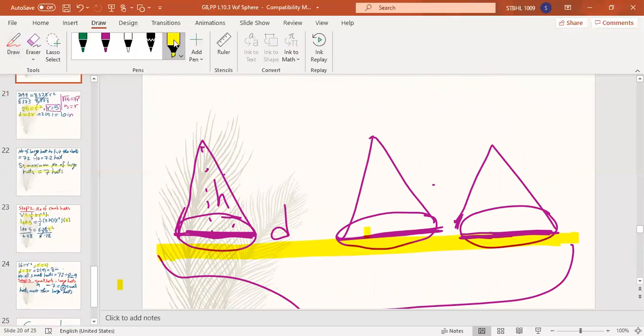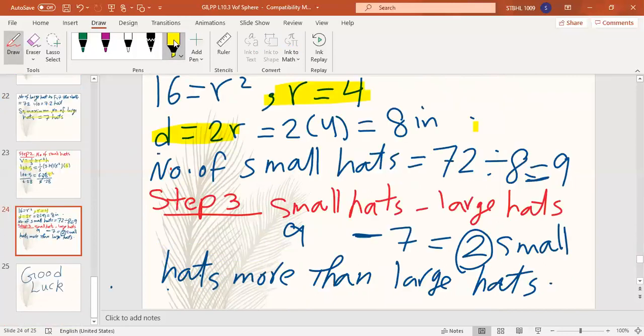So we divide 72 by 8, and the number of small hats equals 9. And step 3, always the number of small items minus the number of large items. So it will be 9 minus 7 equals 2 small hats more than large hats on the shelf.